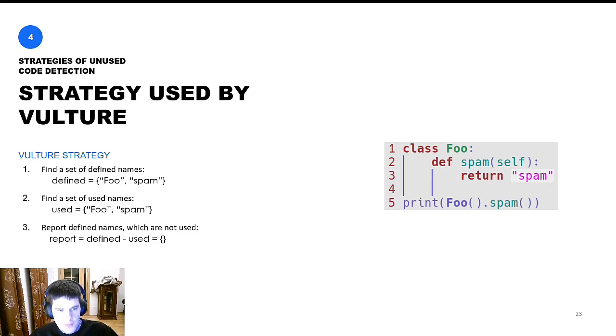As a second step, Vulture would detect all used names. On the fifth line, we can see that foo and spam names were used. And as a third step, Vulture would report the difference between defined and used name sets. And in this case, it's an empty set. No findings are detected.